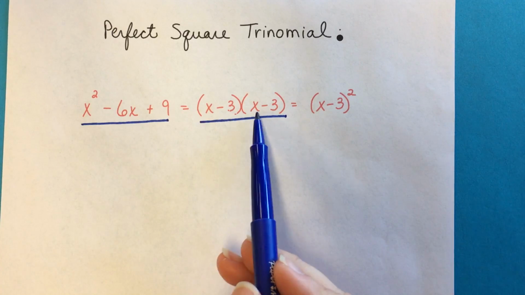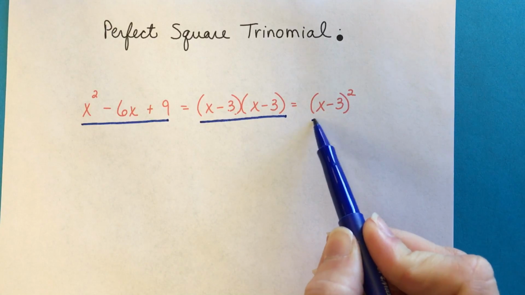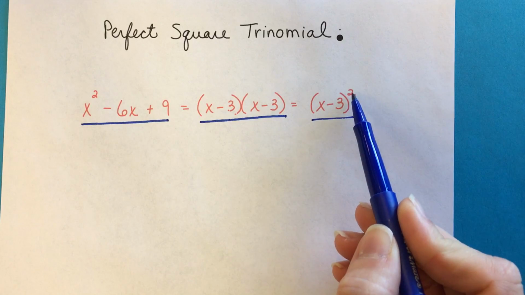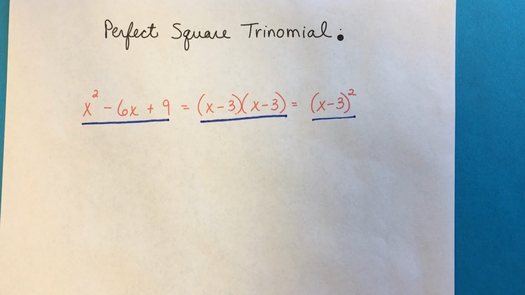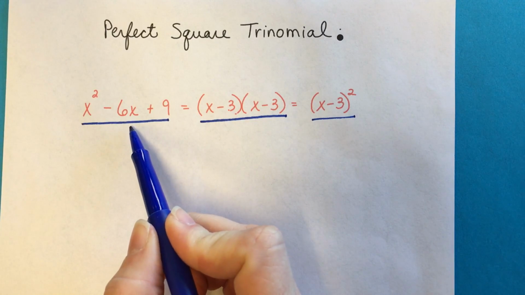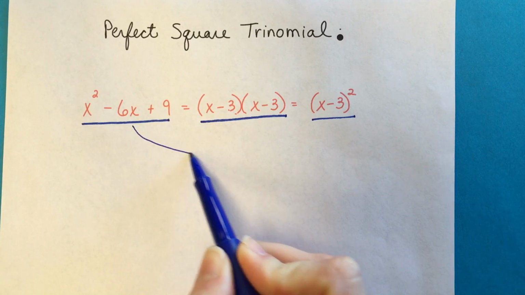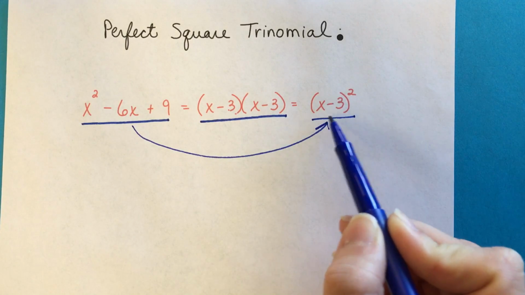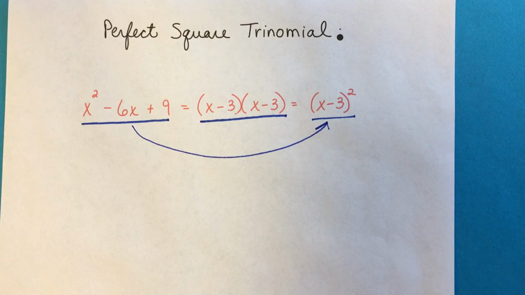But since the two factors are the same, remember you can just write it one time and raise it to the second power. And that's what you're going to be dealing with a lot with completing the square, is needing a perfect square trinomial. And what we'll have to do is get used to writing it, of course this being the problem, but we're going to be writing it this way in order to be able to do some other steps.